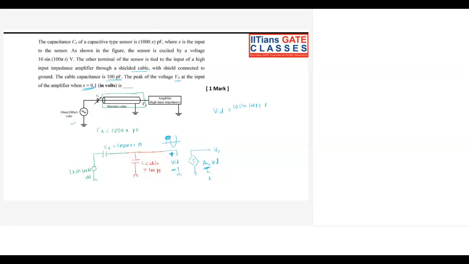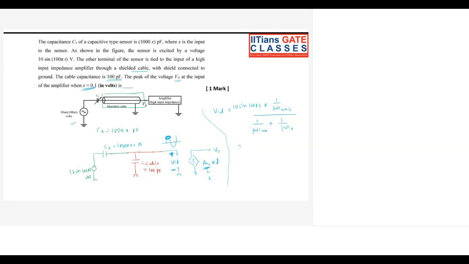The impedance here is 1 by j omega C of cable, then we have 1 by j omega C of cable plus 1 by j omega C of x. So just substitute all those values.